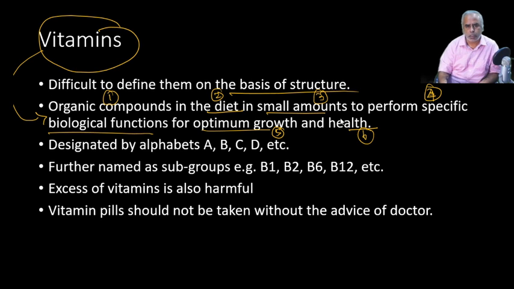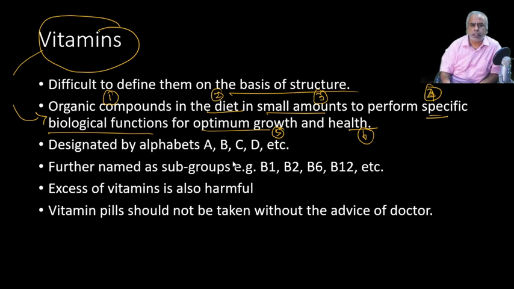So these are the key points to define vitamins. They are organic compounds, available in the diet, in very, very small amounts, and perform specific biological functions, meant for optimum growth and the maintenance of health of the body.